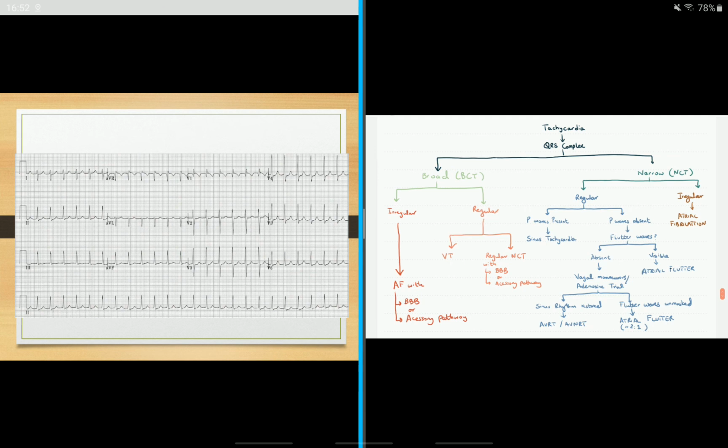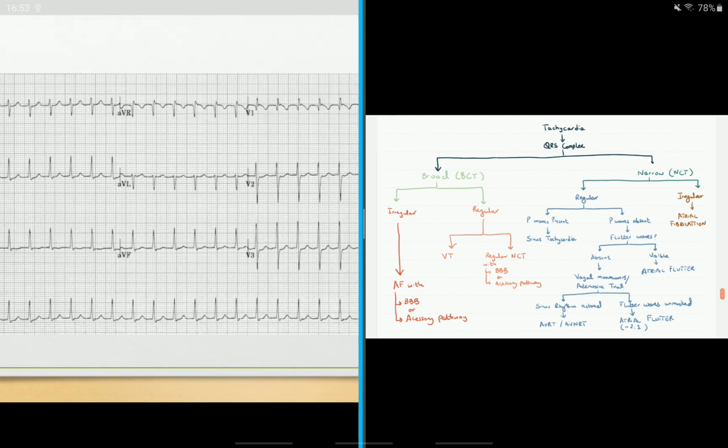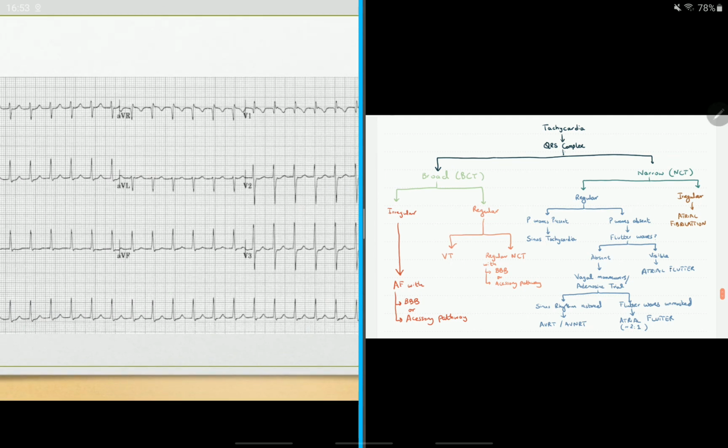Now again, this is another ECG. Let's focus on the rhythm strip. So tachycardia, QRS complex is narrow, and this is regular. Are the P waves present? No, we cannot see the P waves. If the P waves are absent, we need to see, are the flutter waves present? No, they are absent. So now if the flutter waves are absent, we need to do vagal maneuvers, and if they fail, we need to give them adenosine to see what the rhythm is. Vagal maneuvers and adenosine would block the AV node.